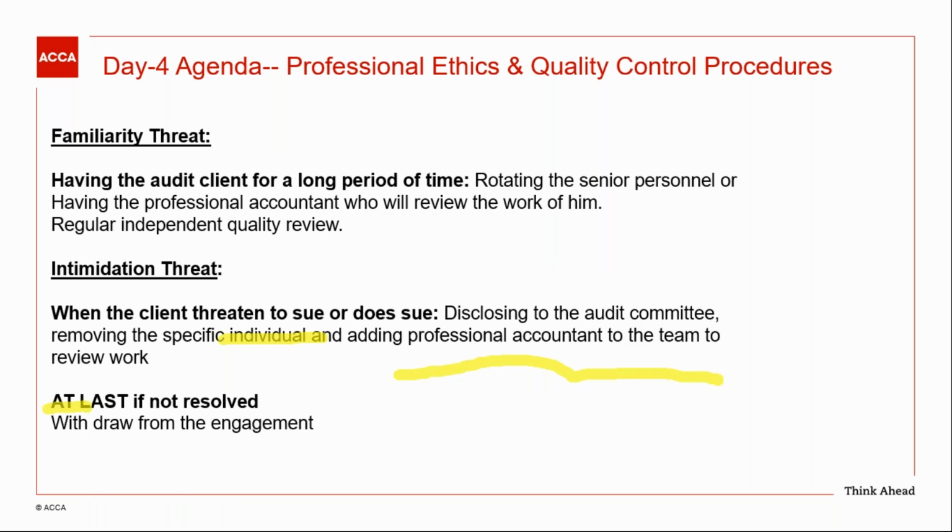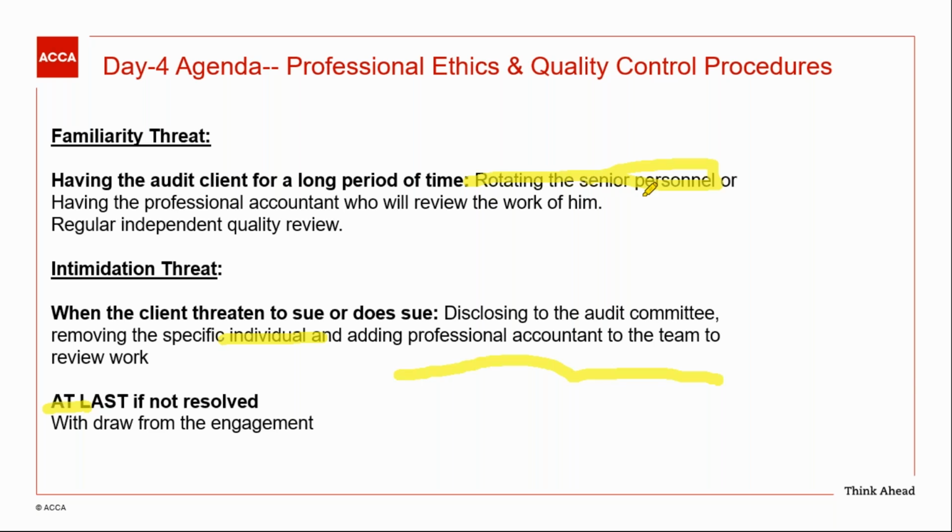Now, what is the familiarity threat? Familiarity threat: if the audit firm has a long relationship with the client and they have been doing the audit for a long period of time, then when the relationship is built, it is not possible for the audit firm to conduct the audit with proper principles.